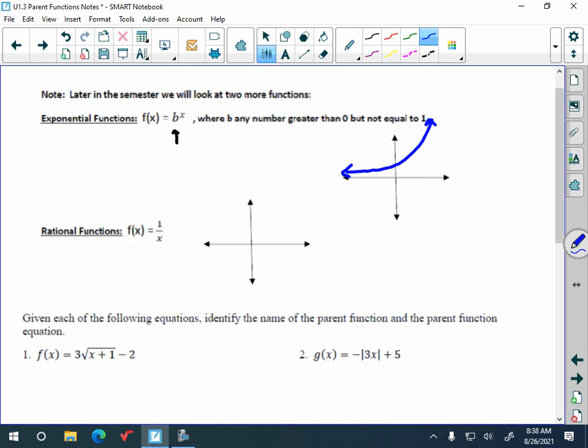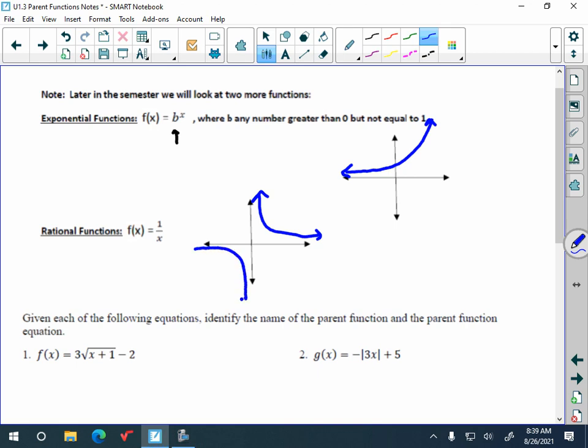And then this other one is rational functions. So rational functions have a variable x in the denominator, not in the numerator. Okay, so it's in the denominator. So anytime we have x in the denominator, it's a rational function. And the shape of a rational function for the parent function is going to look like this.